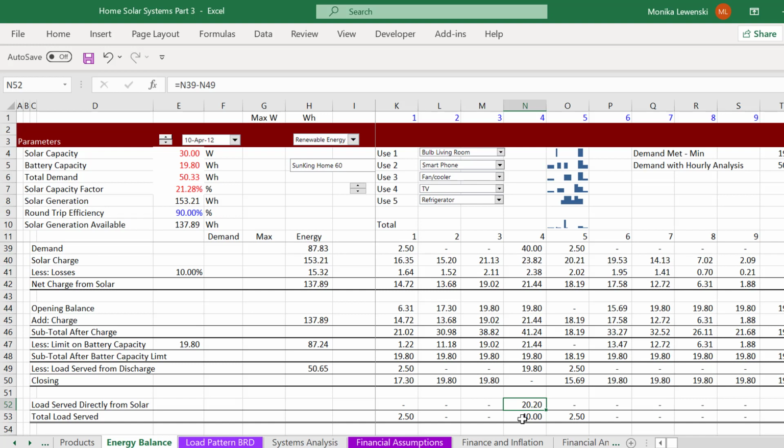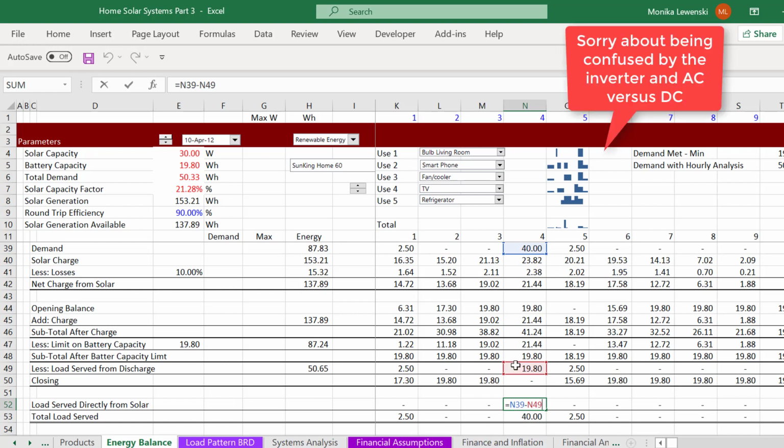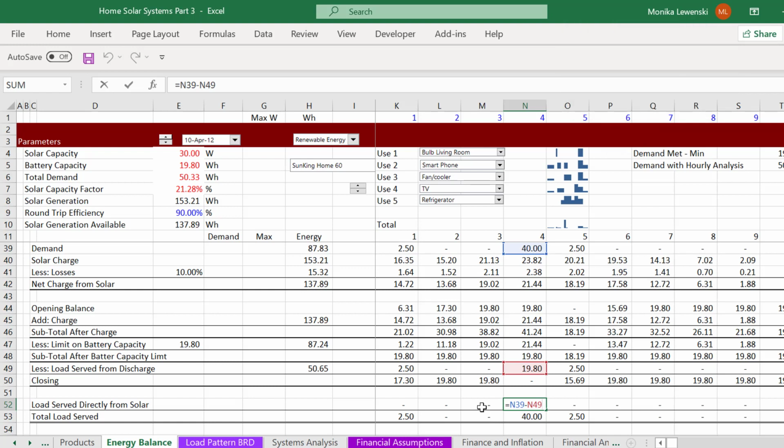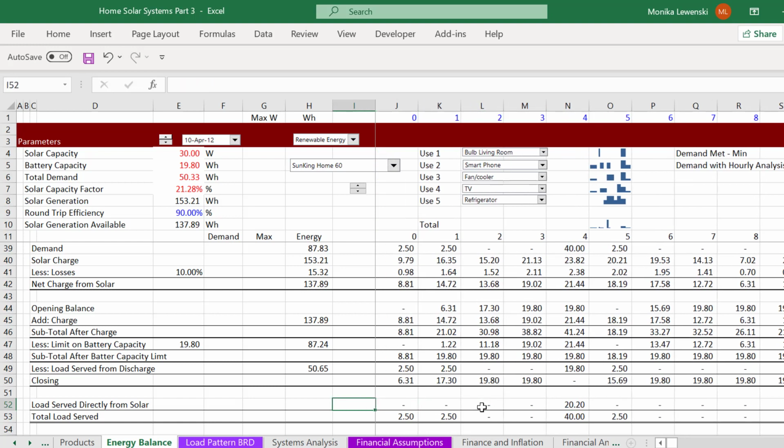But let's say you had a separate inverter attached directly to the solar, it would be possible to say, I can use the demand minus the energy from the battery.